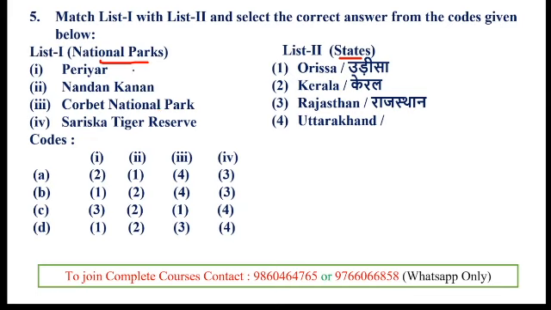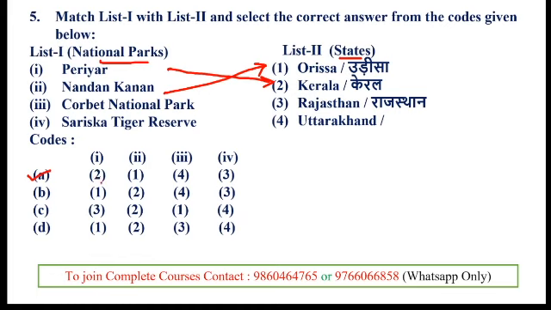Periyar is located in the state of Kerala, and Nandankanan is located in the state of Odisha. So in the given options, the first option gives the national park Periyar in Kerala. So this is the right answer.